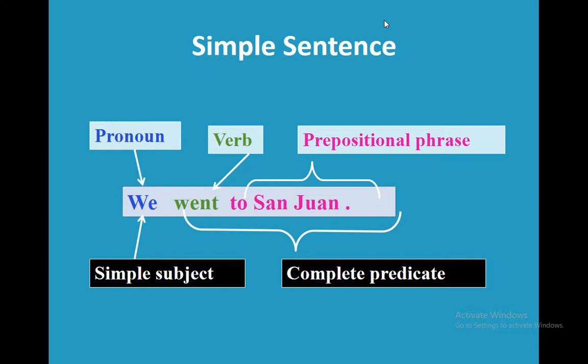Actually, we here is the simple subject or the subject of the sentence. While went to San John, the rest of the sentence, is the complete predicate that can deliver the meaning of the rest of the sentence. So it's a complete thought. So this makes the sentence simple.